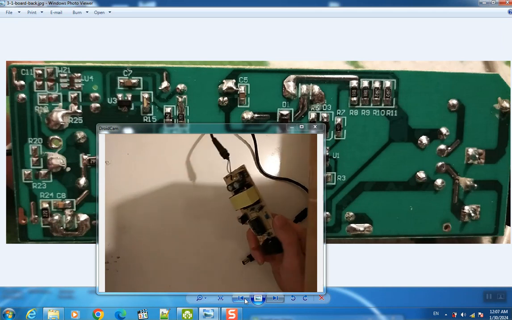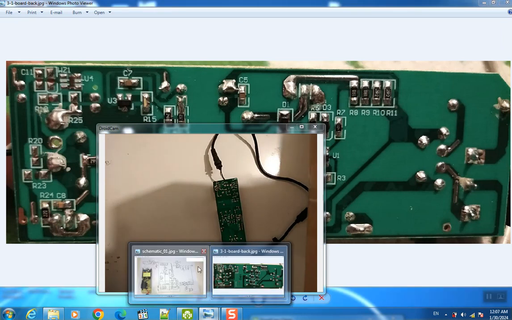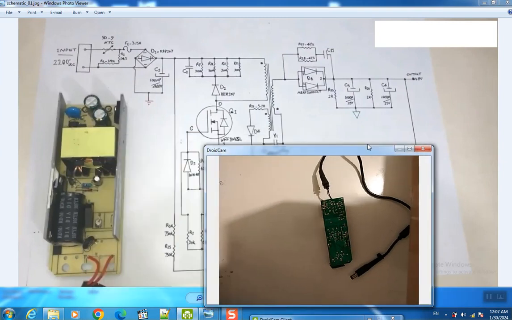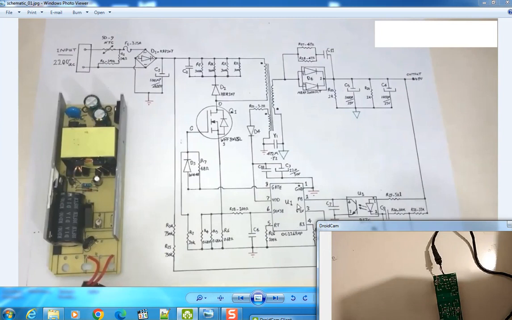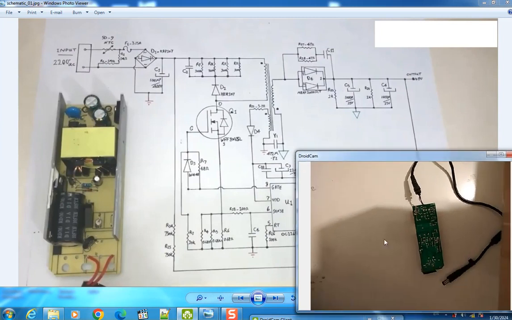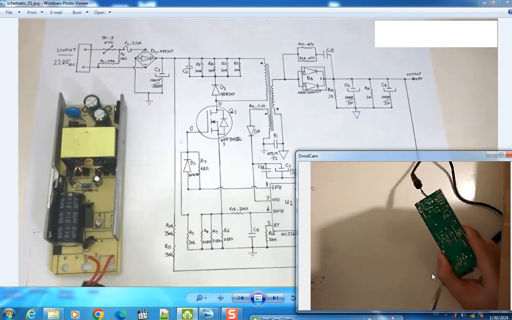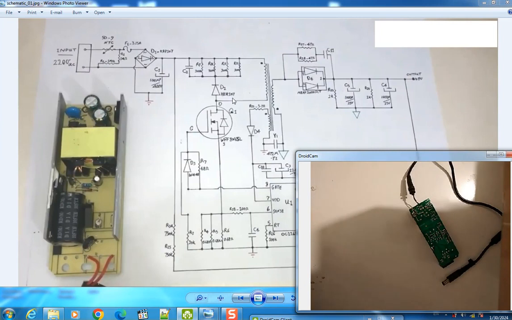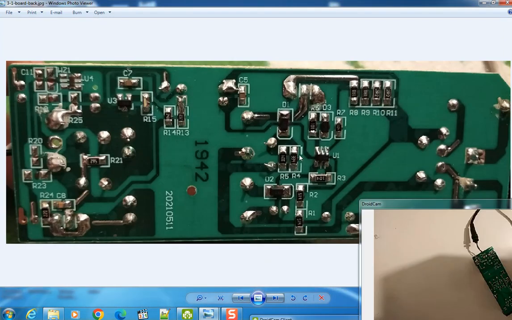And this unit, which is a little different from this one. In this schematic, it has 8 pins, but in my board it has 6 pins.